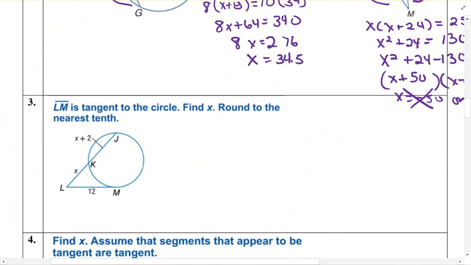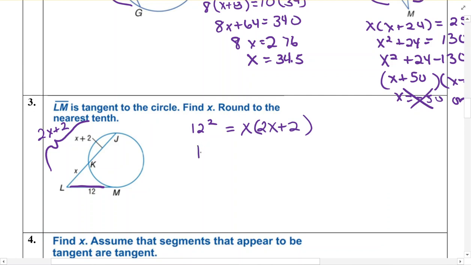Okay, so on the next one we have a secant and a tangent. This full length right here would be x plus x plus 2, so it would be 2x plus 2. So it's the outside squared, 12 squared, the tangent squared, equals the outside times the full length.